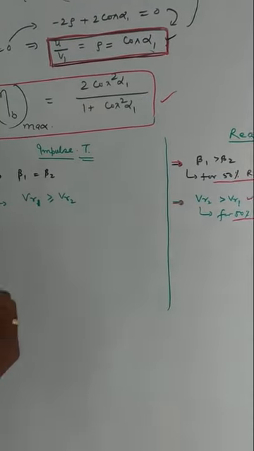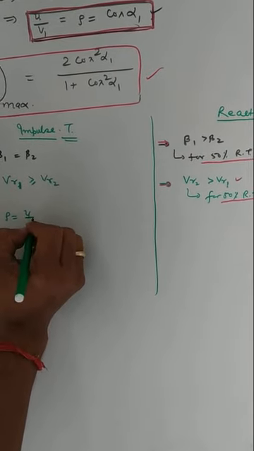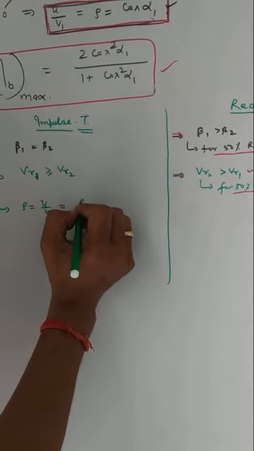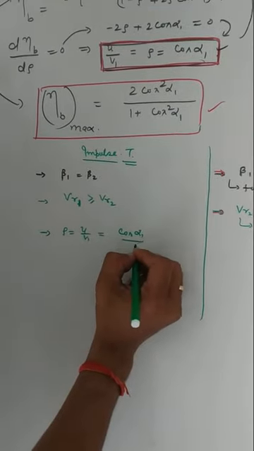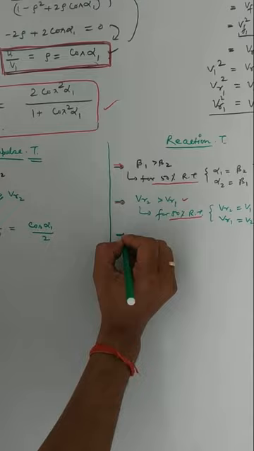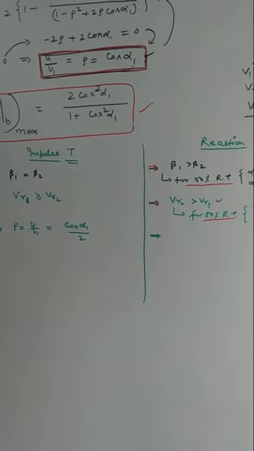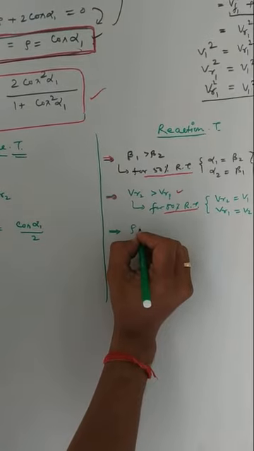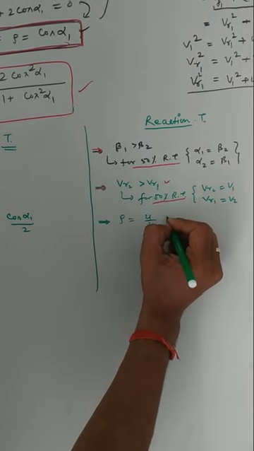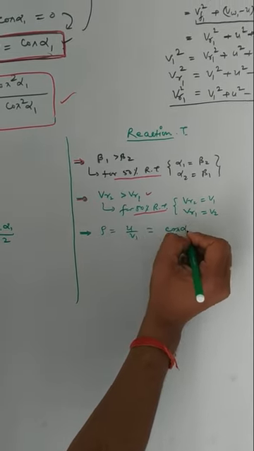Third point is this: for impulse turbine, rho is equal to U by V1 is equal to cos alpha 1 divided by 2. This is the condition for maximum blade efficiency. And for reaction turbine, you will get rho is equal to U upon V1 is equal to cos of alpha 1.